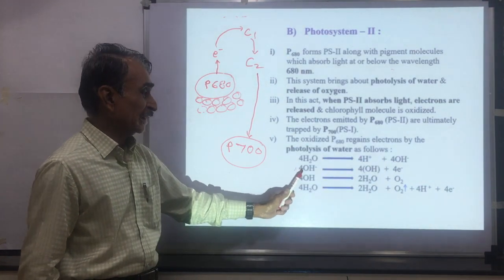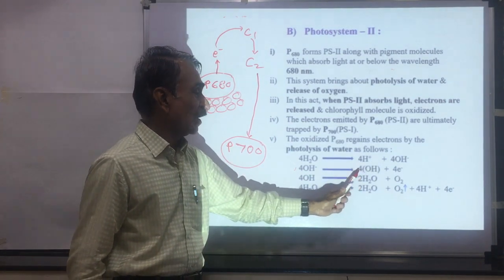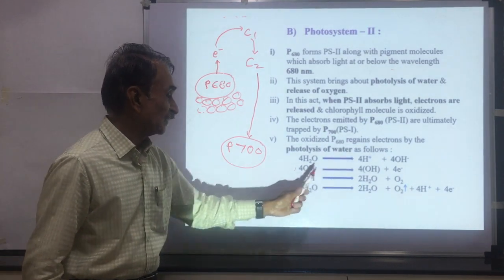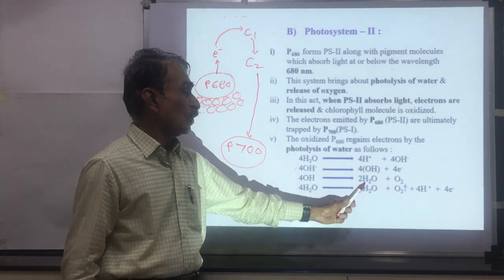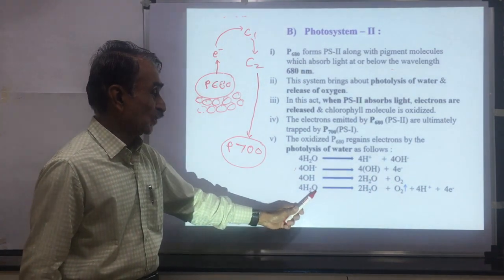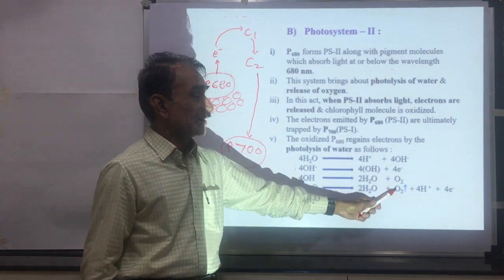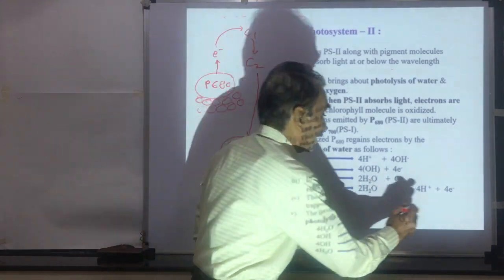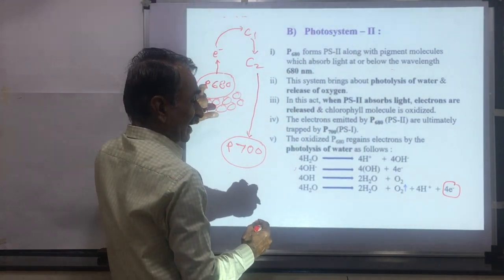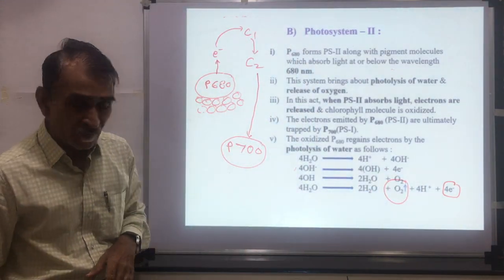These 4 OH- ions produce 4 OH plus 4 electrons. 4 OH gives 2 molecules of water plus oxygen, and this oxygen is released. These electrons again are given to P680, and at this place there is evolution of oxygen.